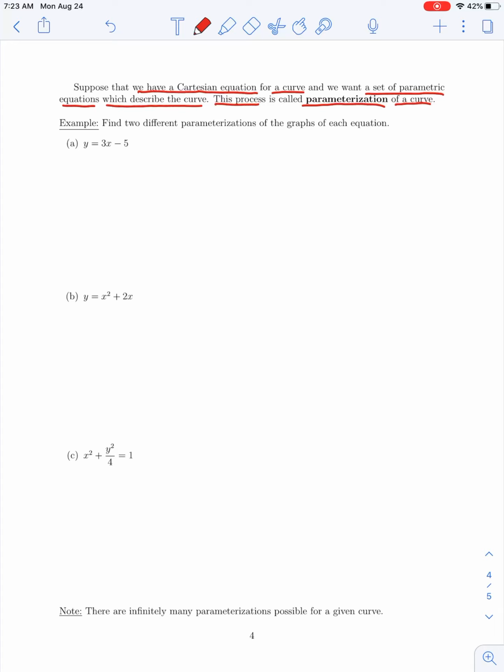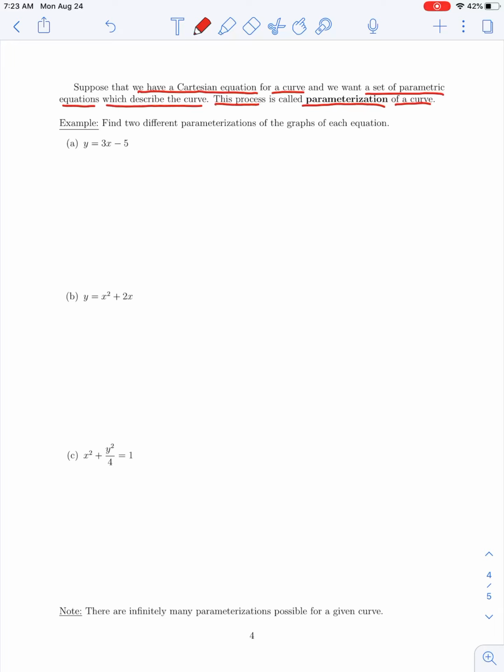So in this next example, we are told to find two different parameterizations of the graphs of each equation. So let's take a look at this. In part A, we have y is equal to 3x minus 5, which we recognize as the equation of a line, and we want to parameterize this.